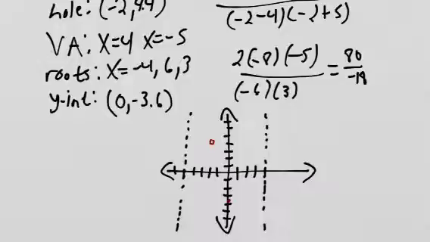Then let's put our roots in. So we have a root at -4, we have a root at 3, and then we also have a root at 6.